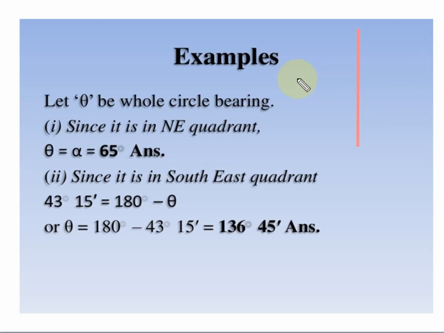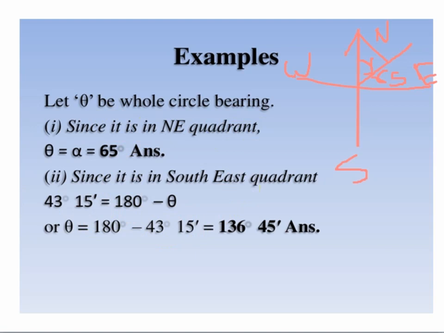So this is the north, this is the east, here is the south and here is the west: north, south, east and west. What is given? North 65 degree east, so it is in the first quadrant. So north, here is the 65 degrees. So what is your whole circle bearing? The whole circle bearing is the same because it is in the first quadrant.